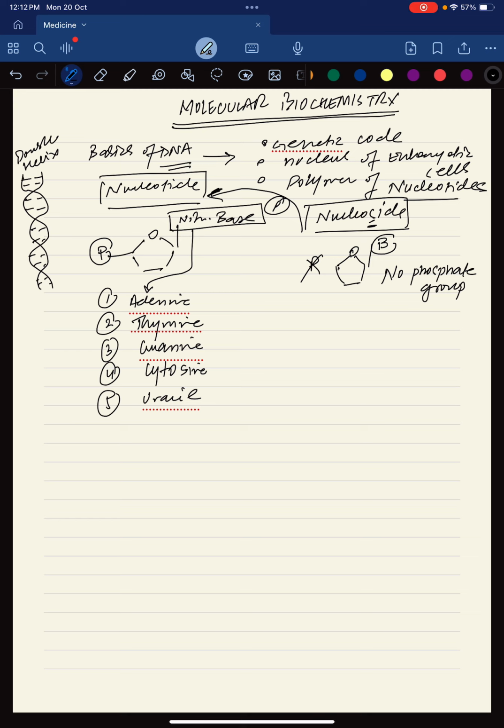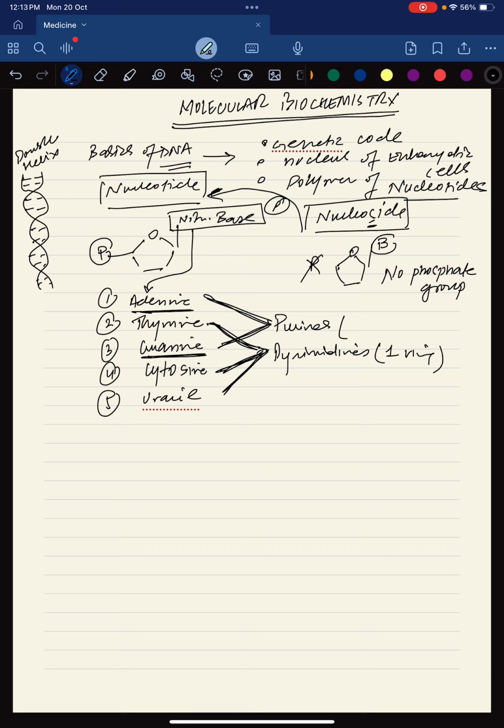Two of them, guanine and adenine, are known as purines, and these 3 are known as pyrimidines. Pyrimidine has 1 ring structure, and purines, the shorter name, has 2 rings. Just the basic thing to remember.